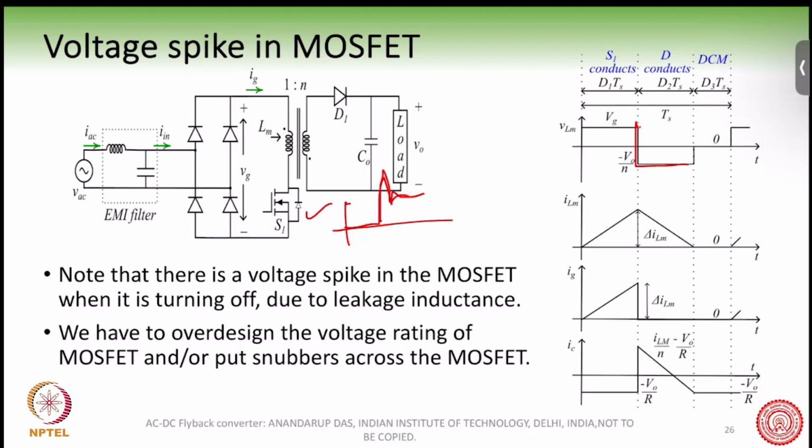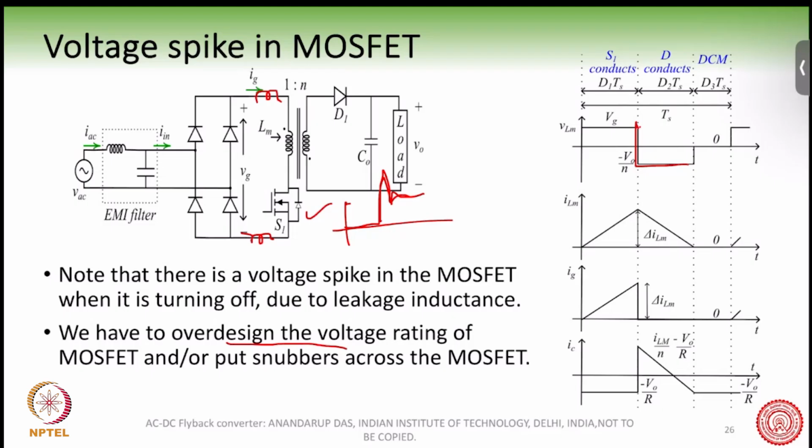This is primarily because of the leakage inductances here and here, because we are basically breaking the IG current, right? And so the leakage inductances of this transformer, the non-ideality, will give a L di/dt kick on this MOSFET, and therefore this MOSFET must be over-designed. We had seen this in a previous lecture.